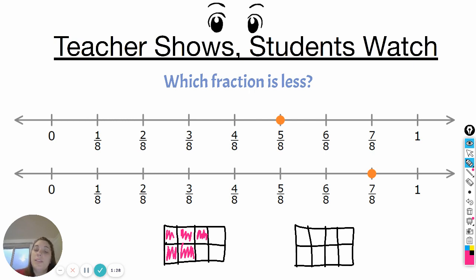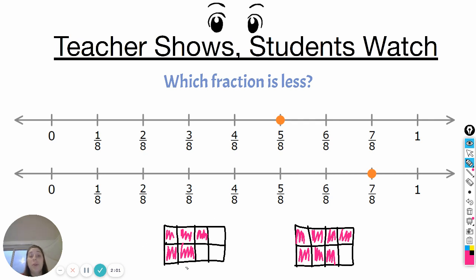The next one has 7 pieces shaded. I'm trying to figure out which fraction is less. So which one has less of the shape shaded? Well, we can see that this one has less shaded because there's more open white squares. This one has 3 pieces not shaded. This one only has 1. So this one is less.